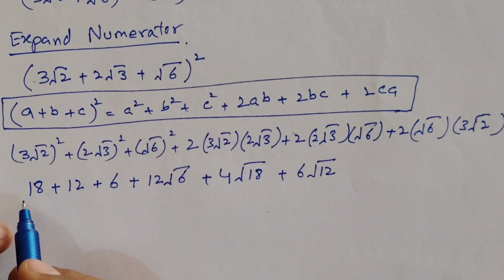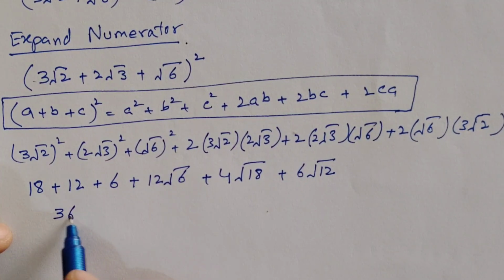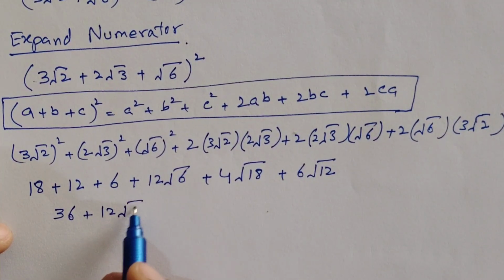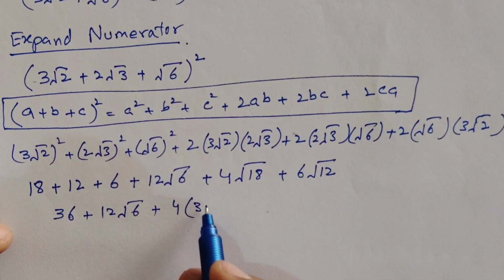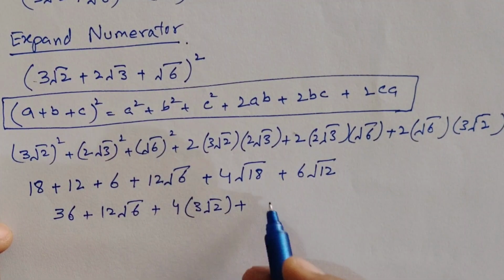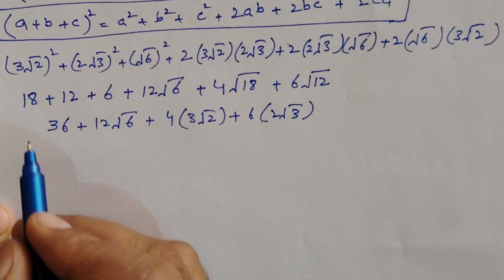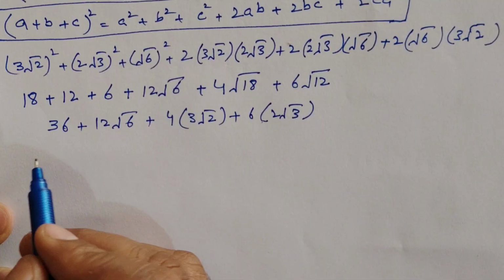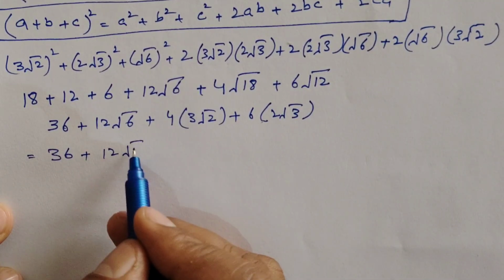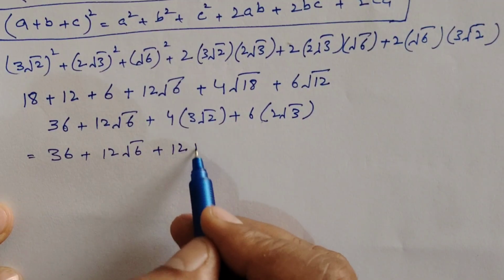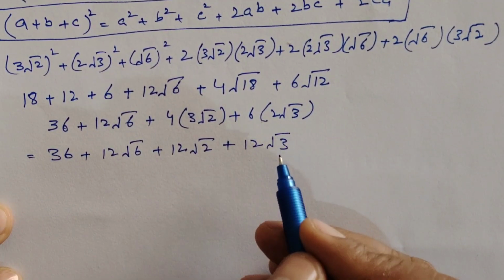Now we add all first three digits, it's 36 plus 12 square root of 6 plus 4 times 3 square root of 2, which is equivalent to square root of 18, plus 6 times 2 square root of 3. Here 36 plus 12 square root 6 plus 12 square root 2 plus 12 square root 3.